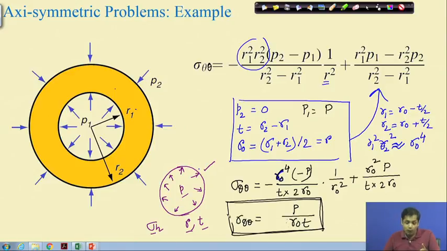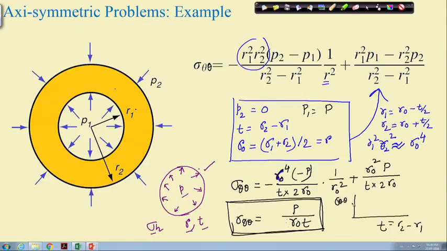So, next what you can do is you can try one thing: take a plot where you plot T here, thickness, which is R2 minus R1, and then you plot sigma theta theta here, and then see how the sigma theta theta varies with thickness. You will see that when thickness is very small, this will give you the result that you obtain in first year mechanics or strength of material, and you can show that graphically.